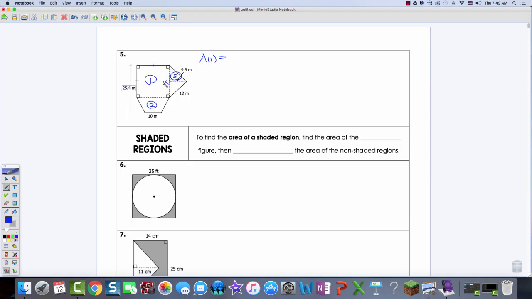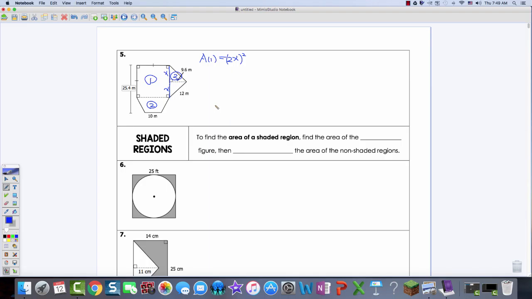I'm gonna call this x. Let me do this way. I don't have this, so I'm gonna call half of this x. This half is also x, right? So my square should be 2x times 2x, which is 2x squared.